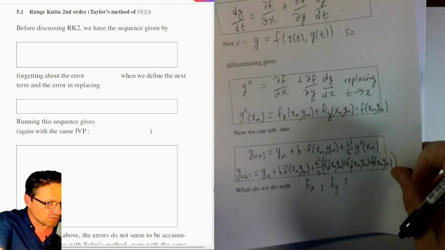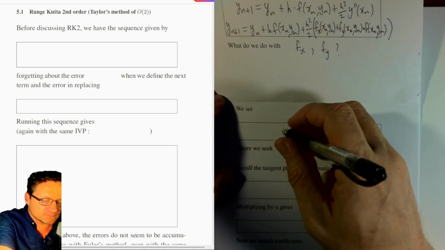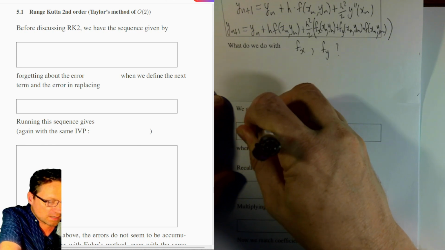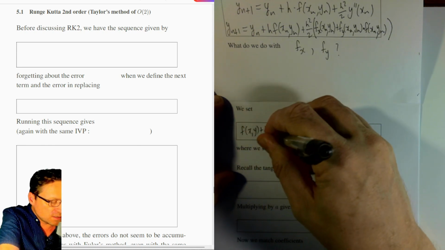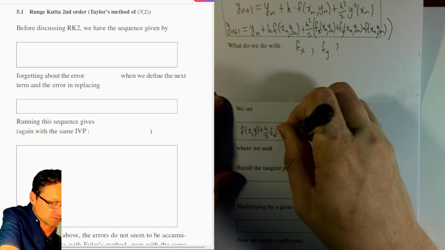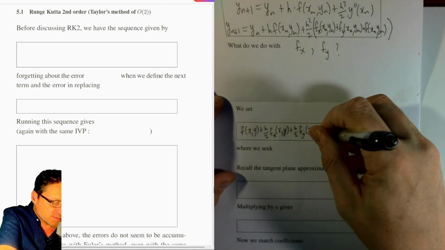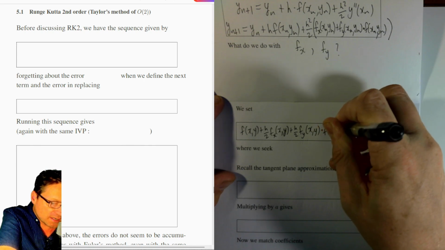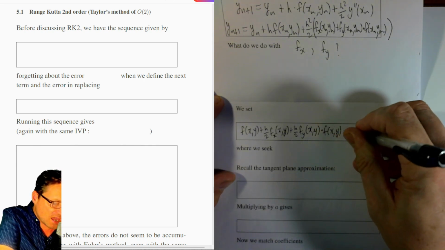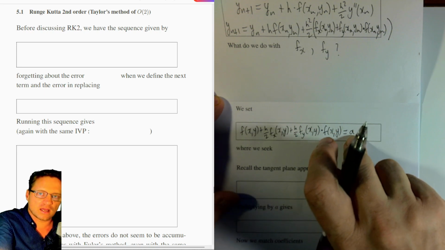I'll scroll this so you can see hopefully both pages. So we set f(x, y) plus h/2 f_x(x, y) plus h/2 f_y(x, y) times f(x, y) equal to some function, a of h, x and y.